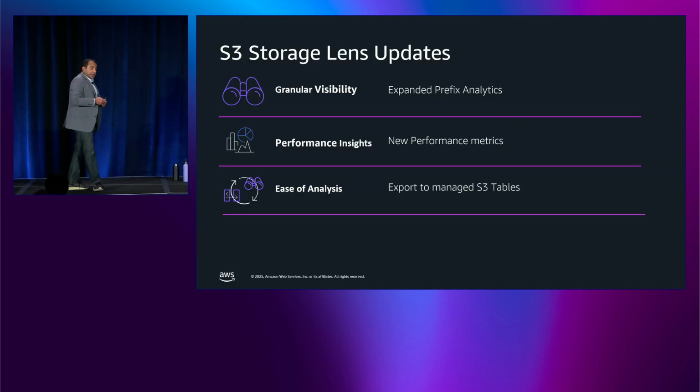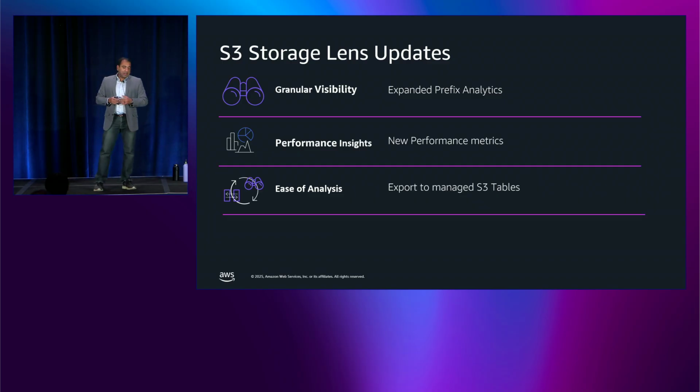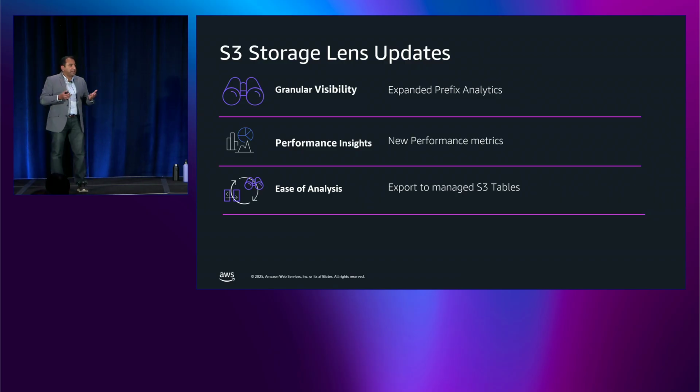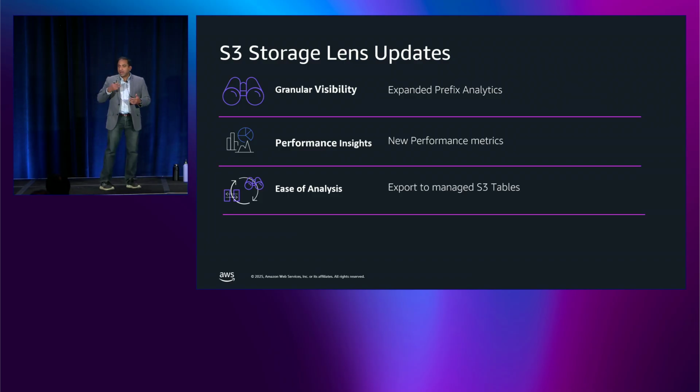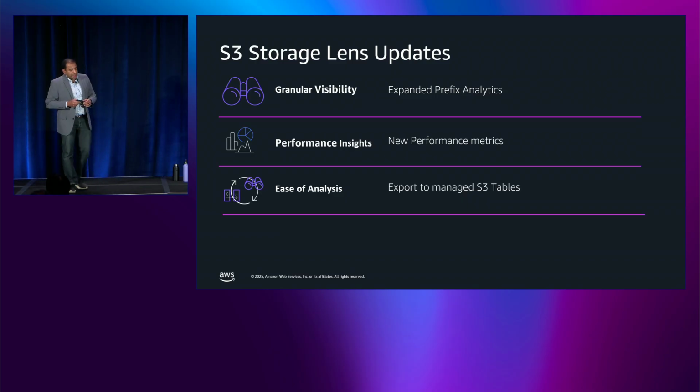And number three, around ease of analysis, we launched a capability to now export your metrics directly into S3 tables. These are managed S3 tables that are automatically created, and you can start querying your data right away using your preferred analytics tools. I'll walk you through each of these and their use cases.